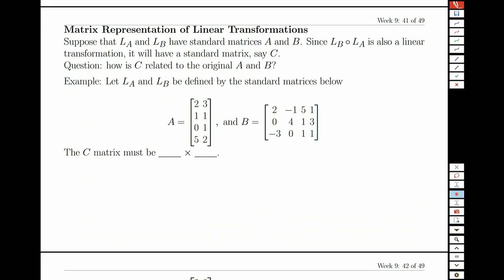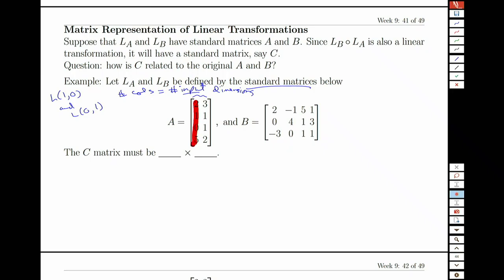Matrix representation of linear transformations. All right. So we've seen this before, but just a quick reminder. We had these standard matrices for the transforms. Remember that the number of columns is equal to the number of input dimensions. Why is that? Because they are L of 1, 0, and in this case here, L of 0, 1.